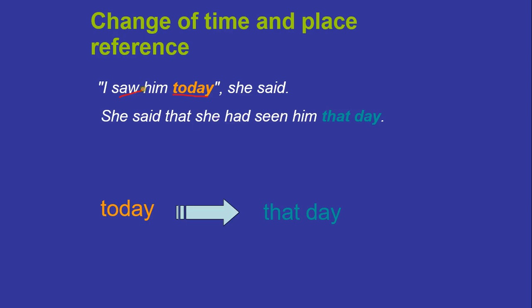I changes to she, so had seen, and today changes to that day. This is direct, this is indirect. There's a changing of the pronoun, the verb, and the adverb of time. Alright, next.